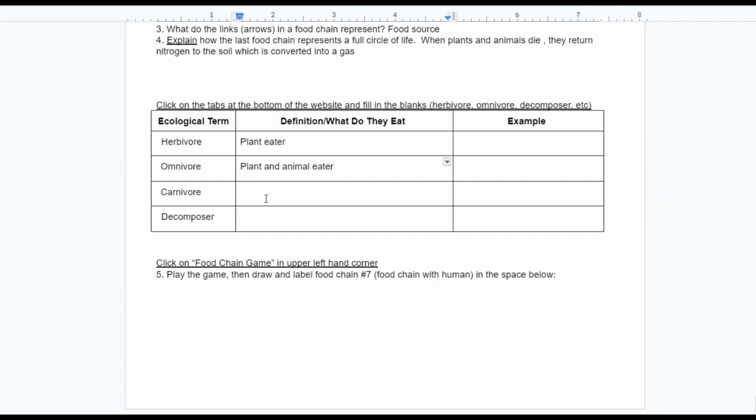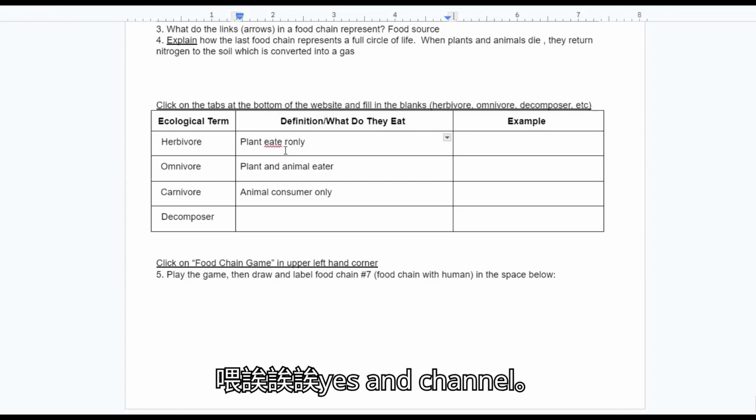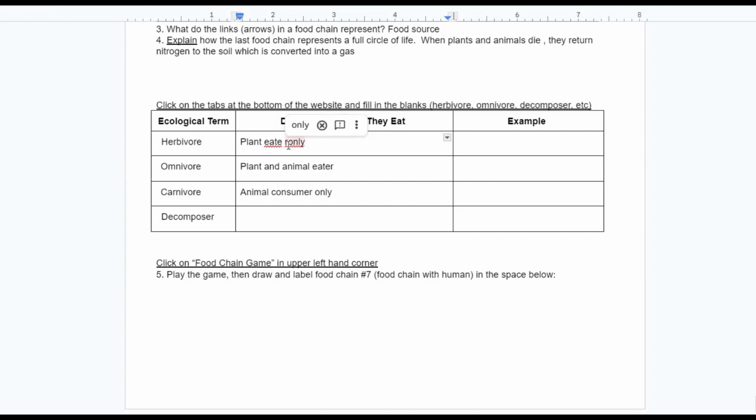All right. This is an animal consumer only. Okay. This is only. Right? I guess that's kind of redundant because if this one needs both, then, there it is right there.